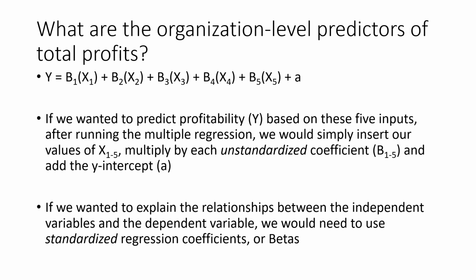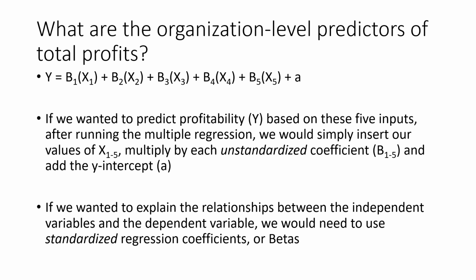Now, this is the equation that you would use if you are interested in predicting values of y. If you were interested in explaining values of y, you would use the equation on the next slide, but let's start with this equation here on this slide.